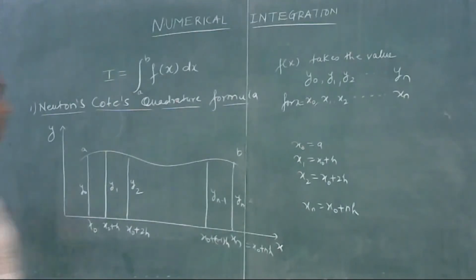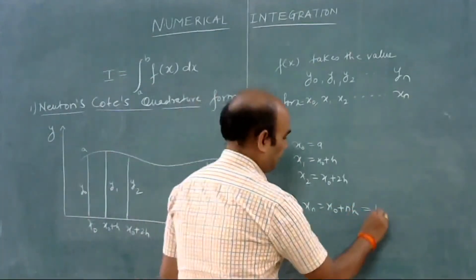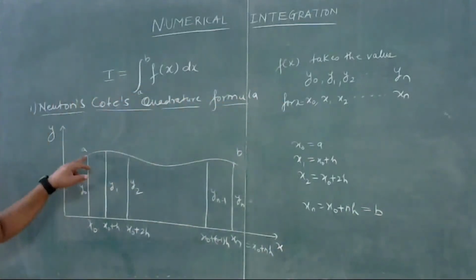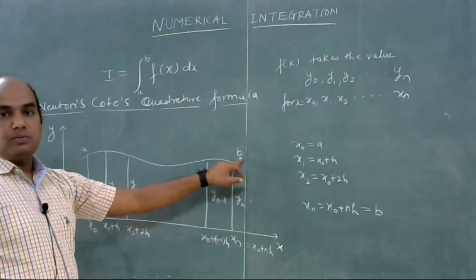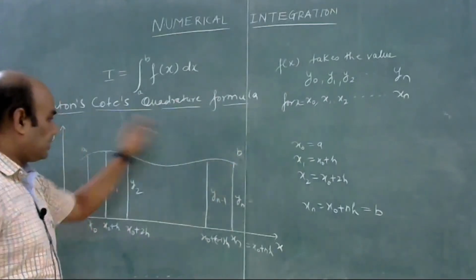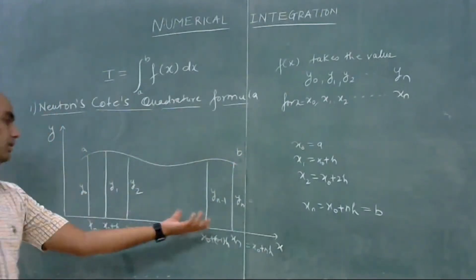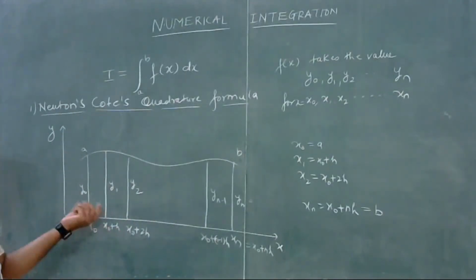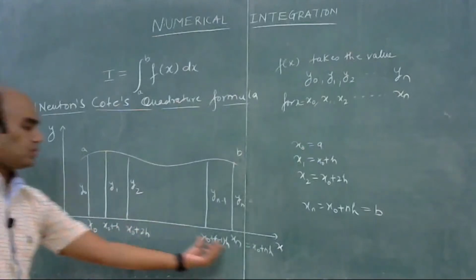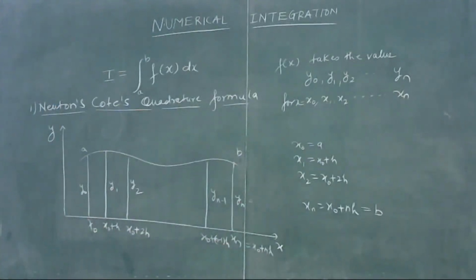So this is our starting point A and this is the end point B. So we have divided this curve into n sub-intervals starting from x0, x0 plus h, and the width of the interval is h. Okay, so these are the values.